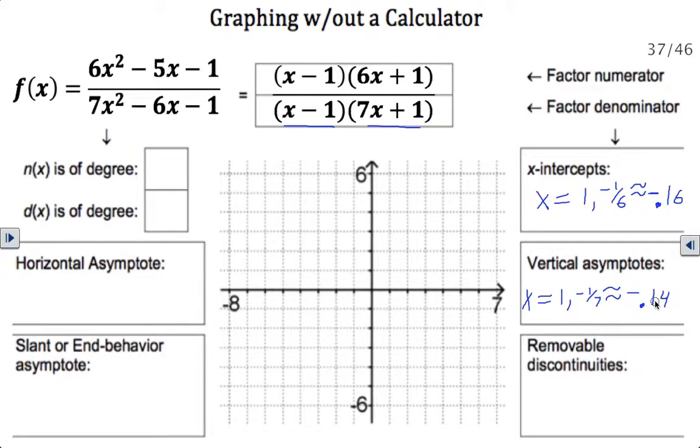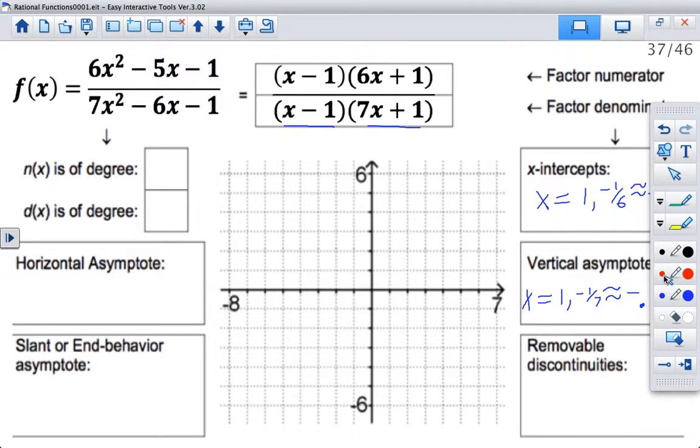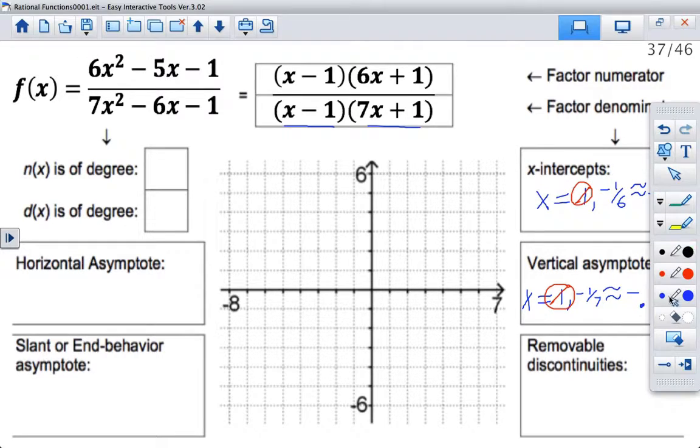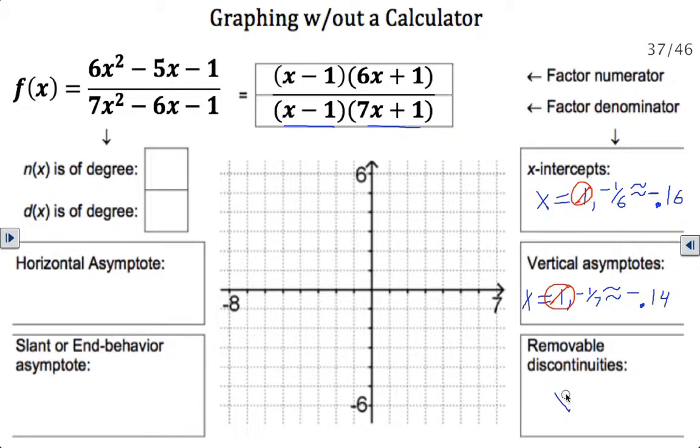Check your scientific calculator if you need to. Okay, so those are our x-intercepts and vertical asymptotes. And again, notice that you have a 1 here and a 1 here. So cross those out. And that's going to be your removable discontinuity, x equals 1.